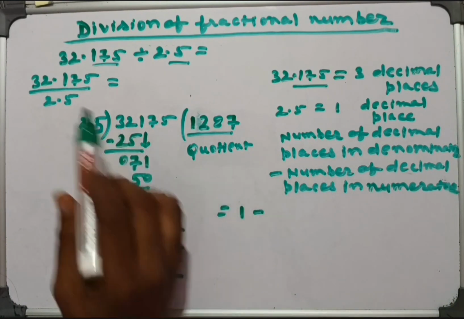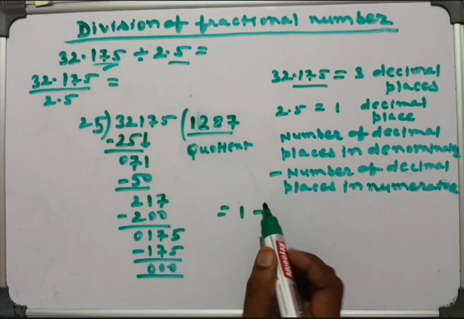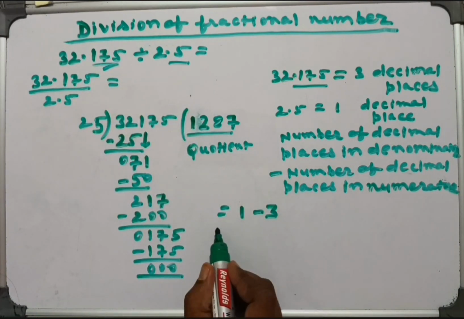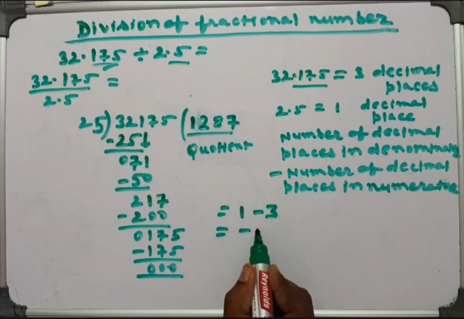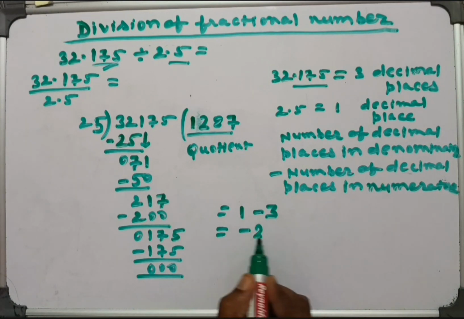For this question the numerator has 3, so when you subtract, this becomes minus 2.